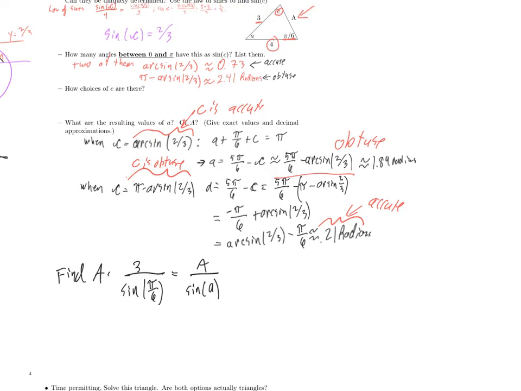So that means that a equals 3 times the sine of a divided by the sine of pi over 6, but I know what the sine of pi over 6 is, it's 1/2.